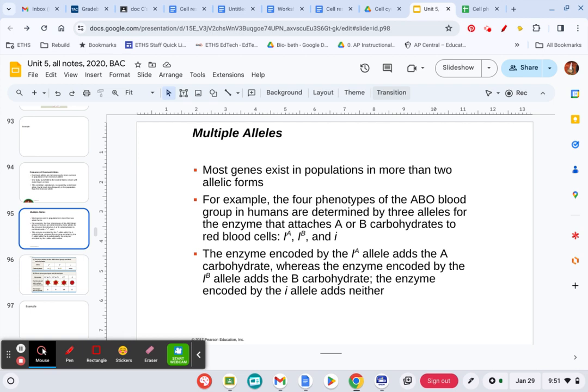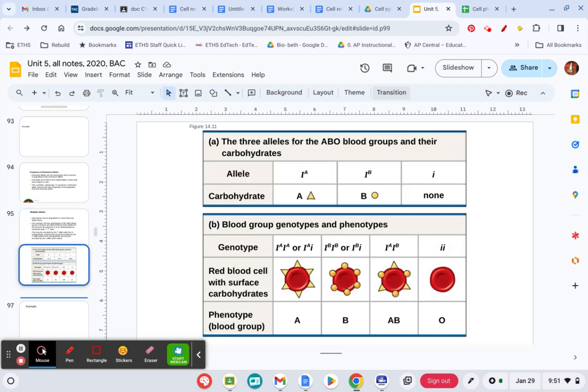They either produce an A or a B carbohydrate on their red blood cells, or they don't produce any carbohydrate on their red blood cells. And so you can have an allele for blood type that is A or B, or the one that has no carbohydrate is called O. Okay, so kind of like 0. O. And that's shown in this chart on the next page.